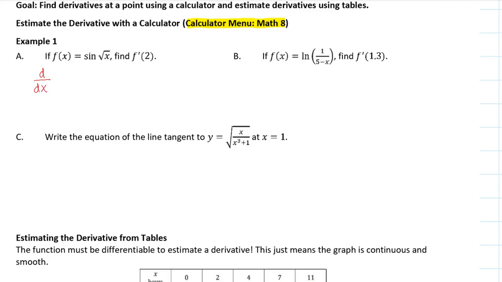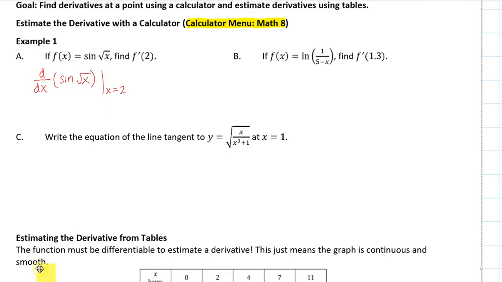This is saying find the derivative of your function with respect to x. And so in the calculator, it's going to look exactly like that. It's going to say d dx, find the derivative with respect to x, and then we're going to type in sine of the square root of x. And then the calculator is going to give this little notation. It's going to say x equals, and we're going to pop in the number 2 right there.